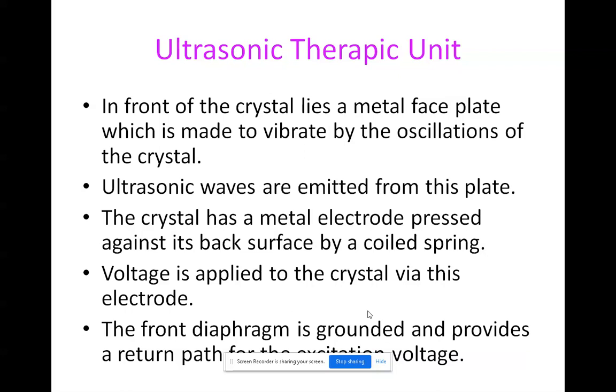the piezoelectric crystal. So the crystal has a metal electrode pressed against its back surface by a coil spring. So near the piezoelectric crystal, you will be connecting your metal electrode. The metal electrode is going to be placed on the human body part to apply your ultrasonic signal.